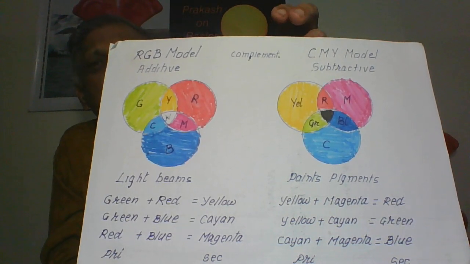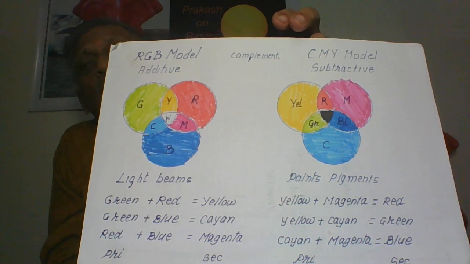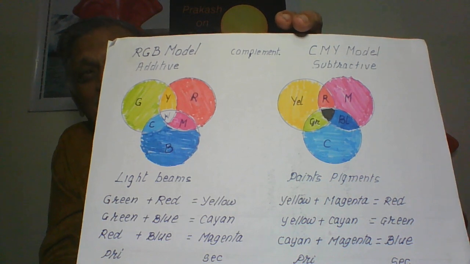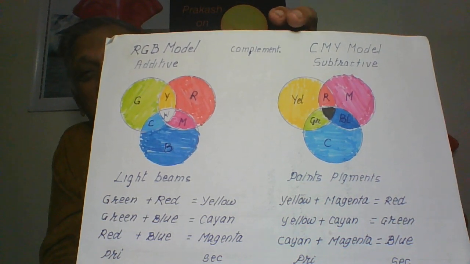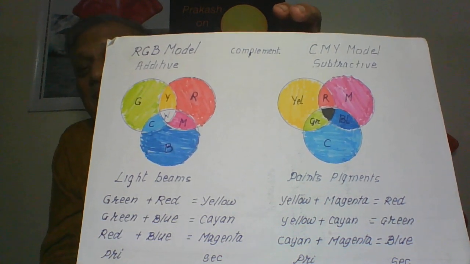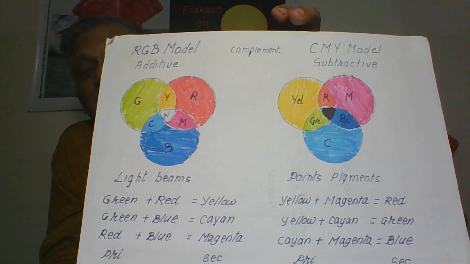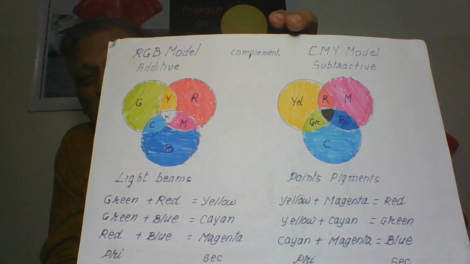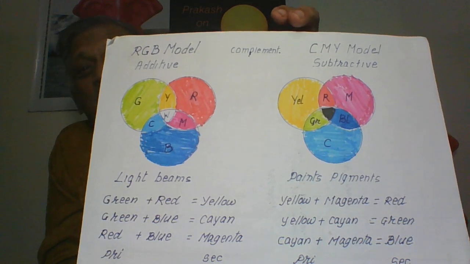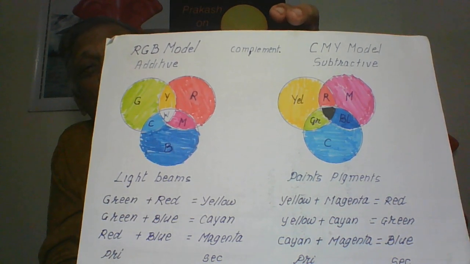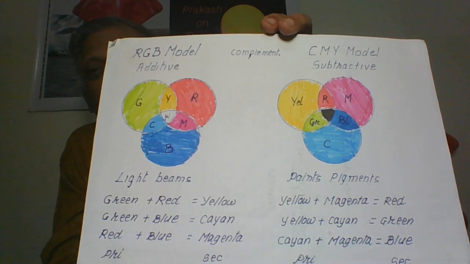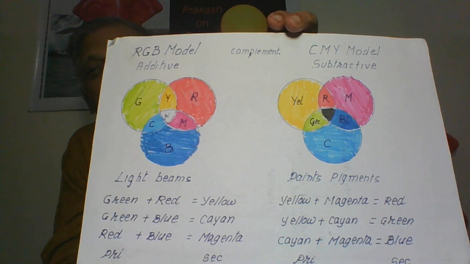One of them is used to show the effect on a screen, whereas the second one, CMY, is used to print on paper. And both of them use a white background as their requirement for best results.